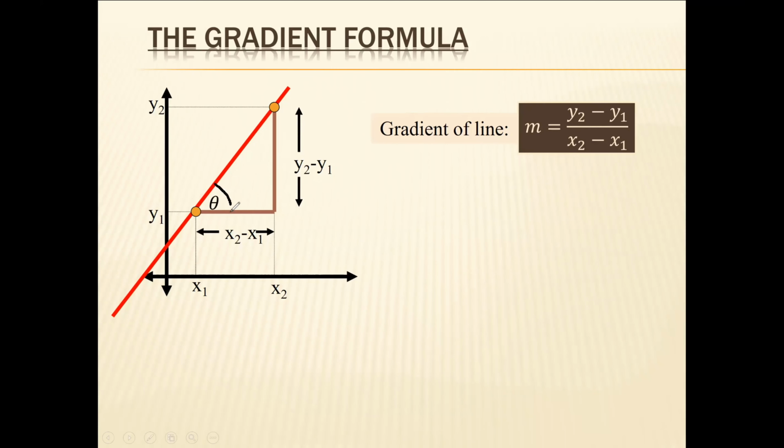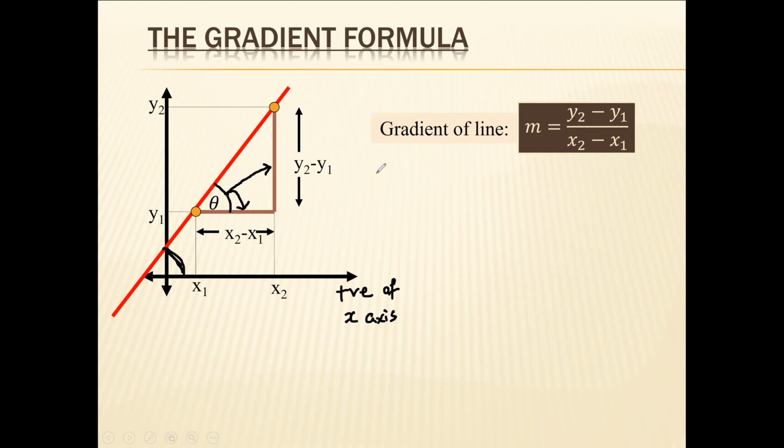This angle theta is the same as this angle, which is made with the positive direction of the x-axis. With respect to theta, which side is y2 minus y1 and which side is x2 minus x1?